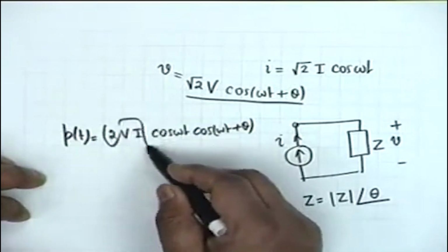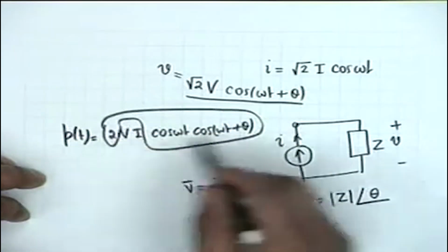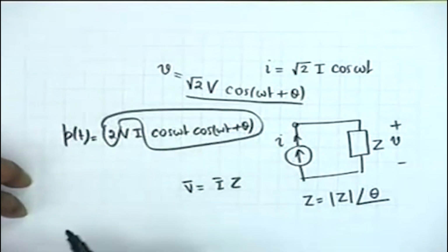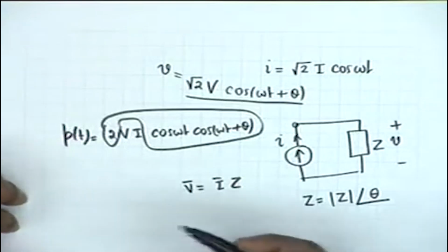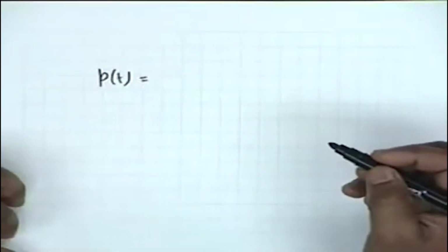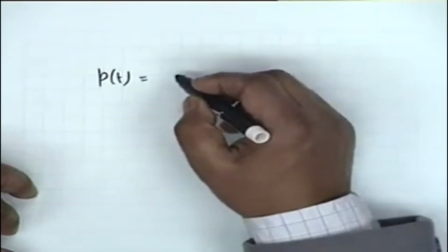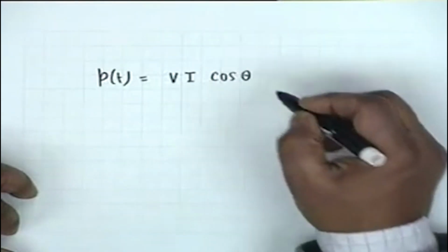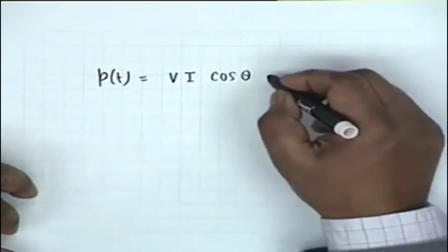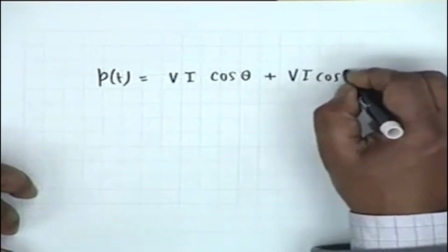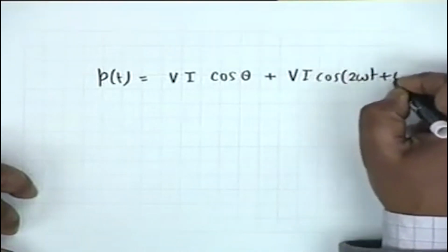Before that, you recognize that twice cosine A cosine B can be written as cosine A minus B plus cosine A plus B. In other words, the instantaneous power in a situation where the circuit is not purely resistive shall be given by Vi cosine of theta, the difference between the two, plus Vi cosine of 2 omega t plus theta.